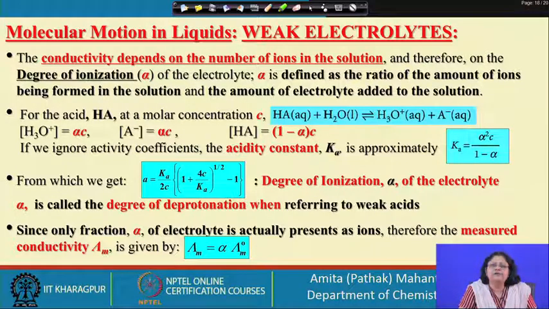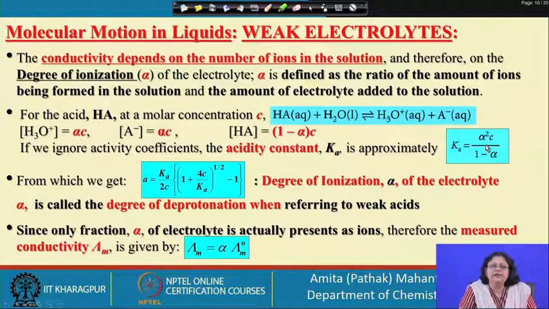Since the concentrations are very low, we can approximate to have K represented as the ratio of alpha square C by 1 minus alpha, where alpha is the degree of dissociation which we have.